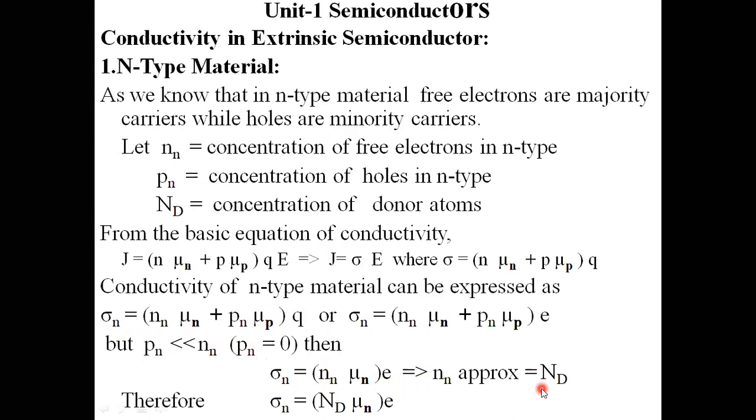The concentration of electrons keeps on increasing in n-type semiconductor material due to donor atoms. Those electrons are mainly because of donor atoms, so I am replacing the nn term with Nd. Therefore sigma n is equal to Nd mu n into small e. This is the relation we finally obtain for the conductivity in n-type semiconductor material.